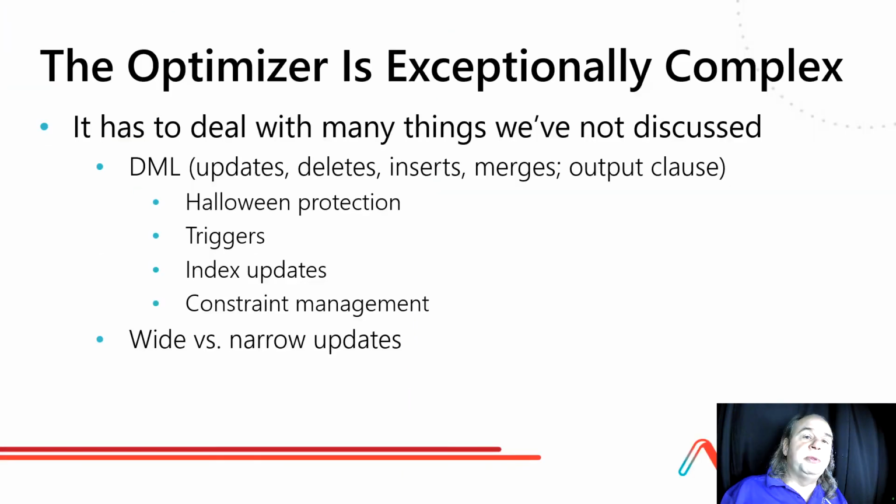So let's wrap things up. I just want to end by saying, oh my gosh, the optimizer is super complex. We've been dealing here strictly with select queries. There are, however, so many more things that the optimizer has to be aware of and to deal with.